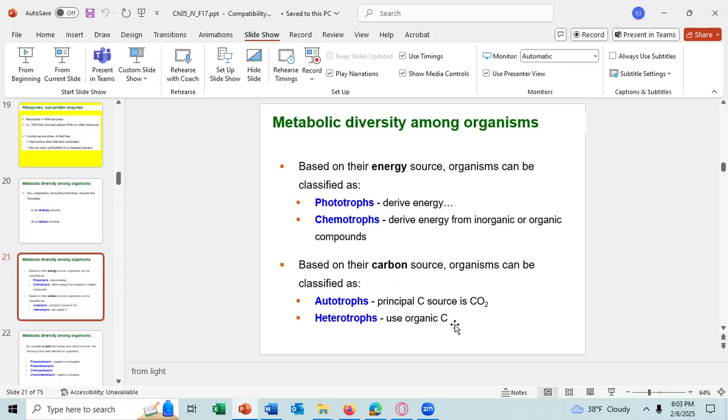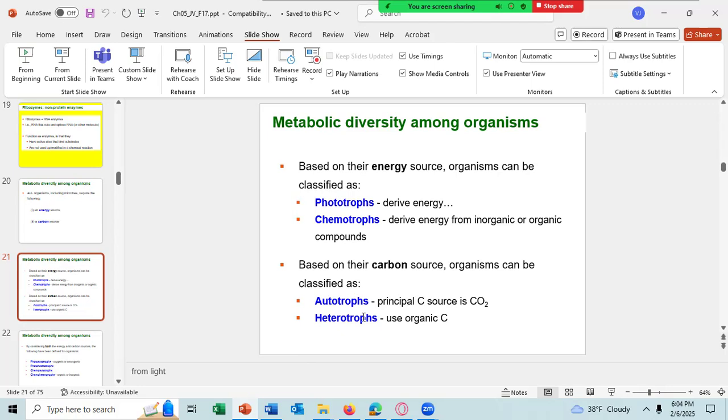And then people are heterotrophs. Heterotrophs obtain their carbon from an organic carbon source. And we get our carbon needs from eating glucose and another food molecule. So we are a heterotroph. Any question about any of that?